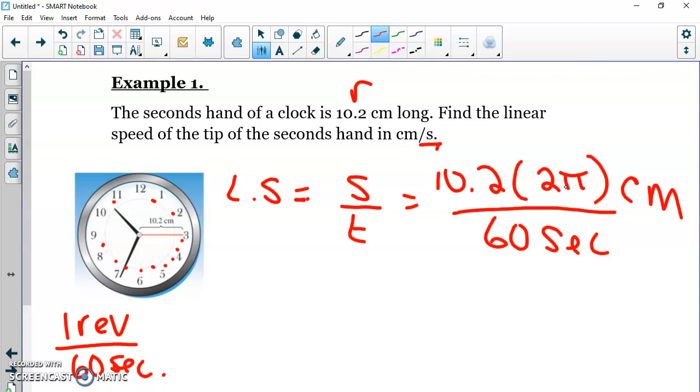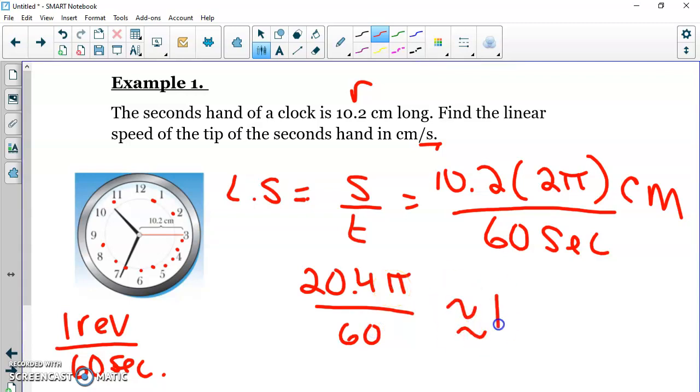So multiplying all of that out, what would you get? That would be 20.4 pi over 60. Have to multiply pi out. So this is approximately 1.07 centimeters per second. So that would be the linear speed of the seconds hand.